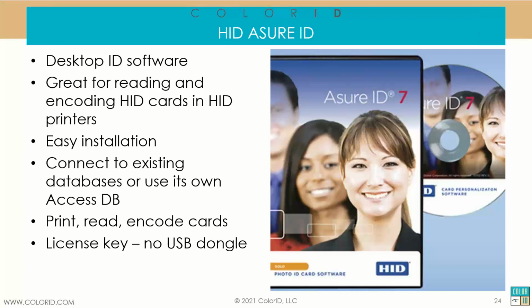So if you have HID cards and you want to read them inline, and you need desktop software, you should take a look at AsureID. It installs very easily. If you have a simple installation for a different kind of card and it's not going to connect to all your major databases, you could drop AsureID on one of your PCs. It'll set up its own Access database, and you can just run that separately and have it up and running in very little time. It's very quick. Again, there's a license key, no USB dongle.